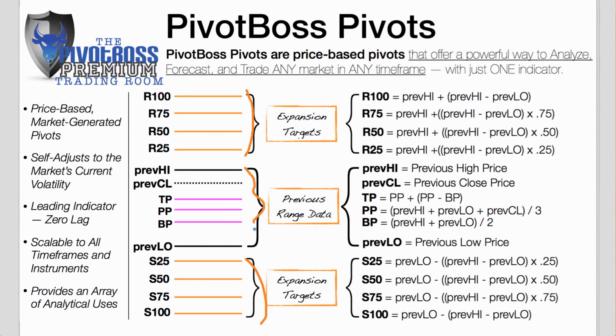You have your previous range data here, and that previous range data is all based off of the previous range of data that you're using to calculate the pivots for the upcoming period of time. And so you have the previous high, low, and close information. That is one set of previous range data.